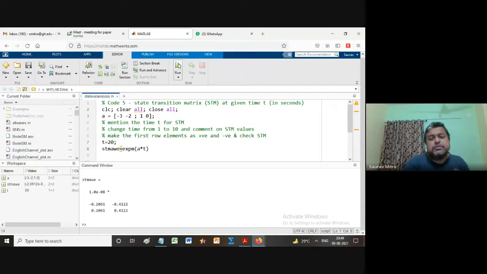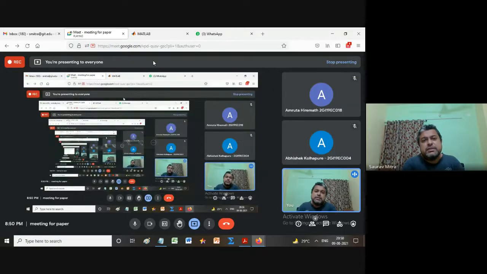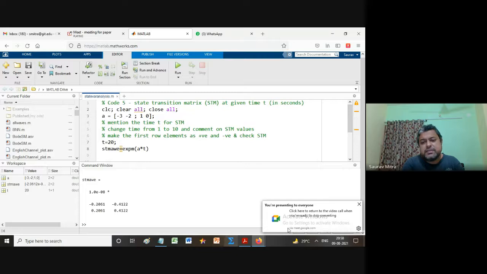The state transition matrix captures the states at different times. As time increases, in this case the state transition matrix value is reducing. We know that the state transition matrix is given by an exponential. The exponential has its highest value at t equal to 0, and as time increases, the value reduces. So this is the fifth code, the state transition matrix.